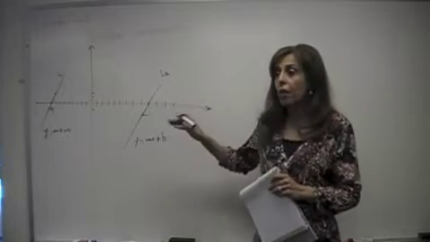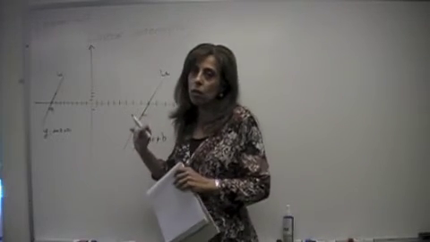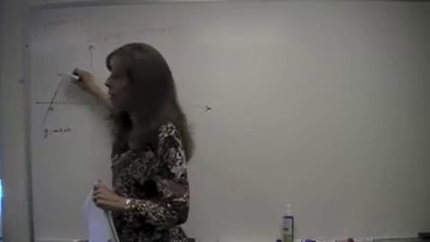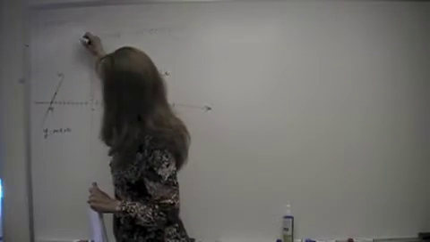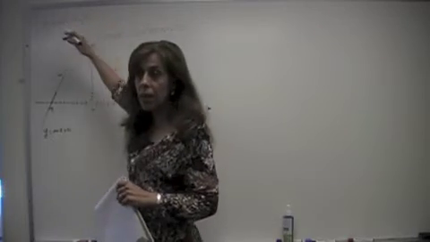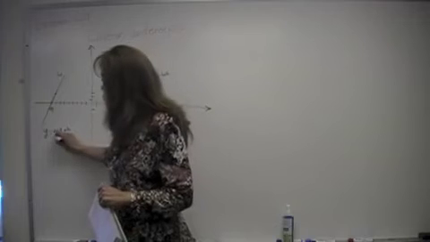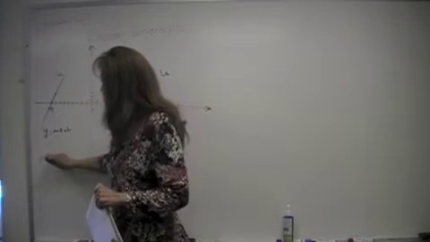So from the graph, the first thing you need to locate is your slope. We can't read the y-intercept because the line may go all the way up and we can't find it, so we have to do it algebraically. First, locate your m.